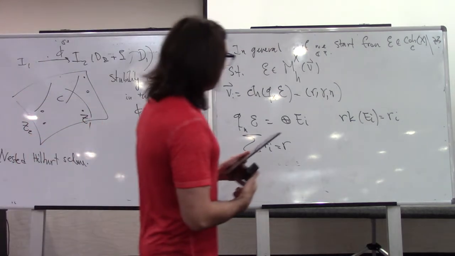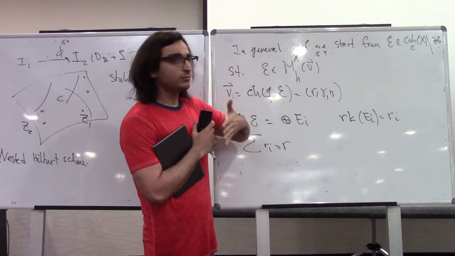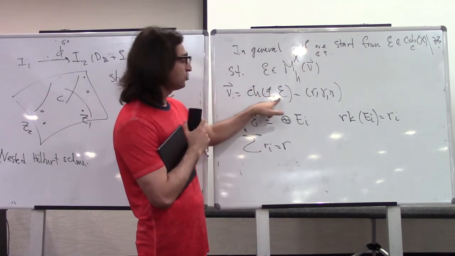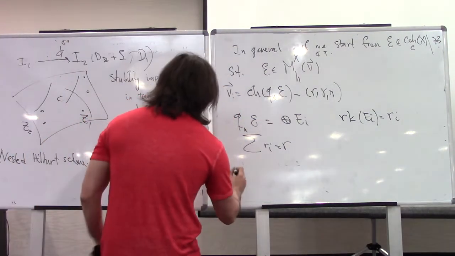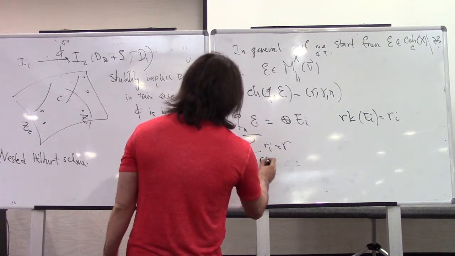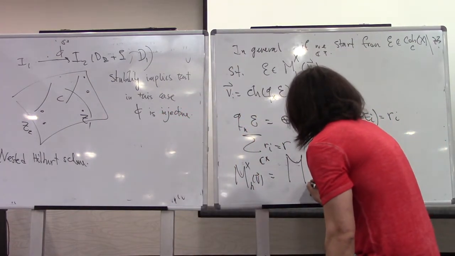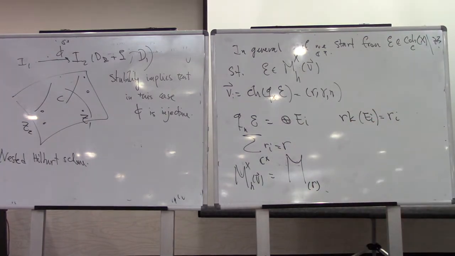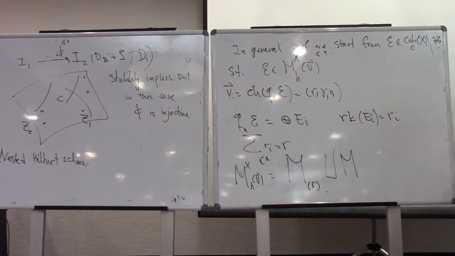So this is actually telling you that the torus fixed loci of the moduli space are somehow partitioned by the rank of the sheaf that you start with. So the torus fixed loci of this moduli space is given by the first partition, which is the partition R, MR. Then the second partition, which is the partition of flags E1 plus E2, where this guy has rank 1 and this one has rank R minus 1.